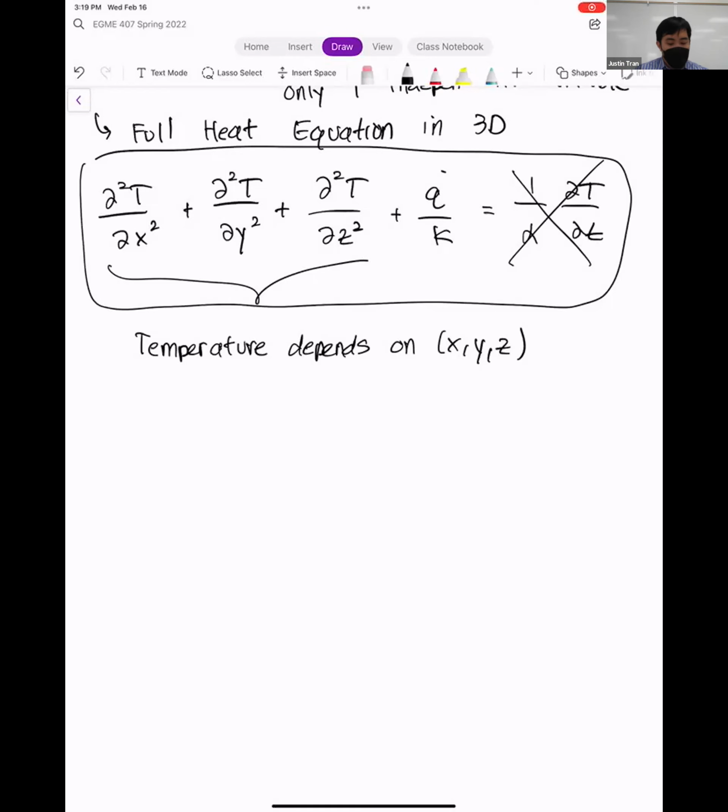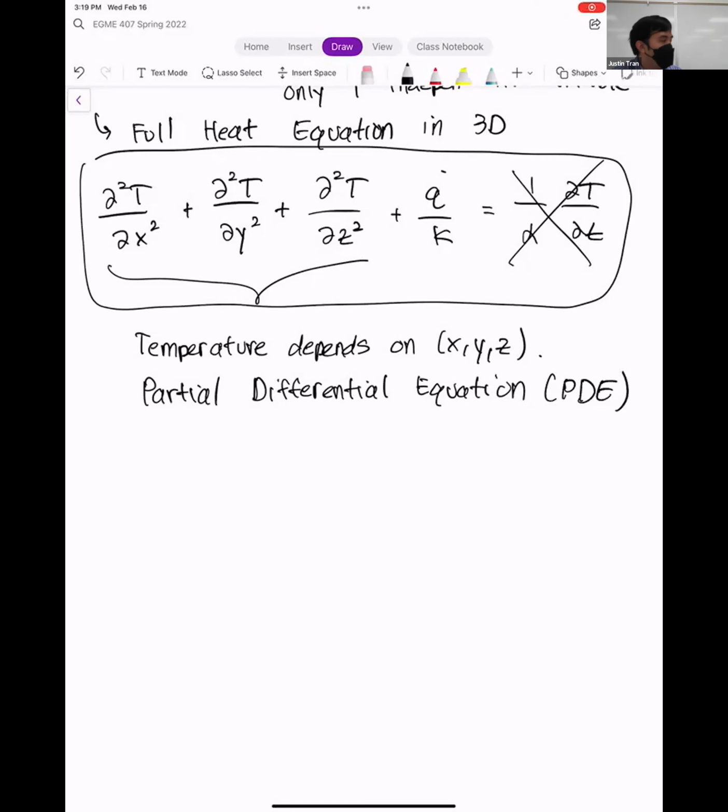When you have a differential equation that depends on more than one variable, we call it a partial differential equation, or PDE for short, because partial differential equation is a mouthful.